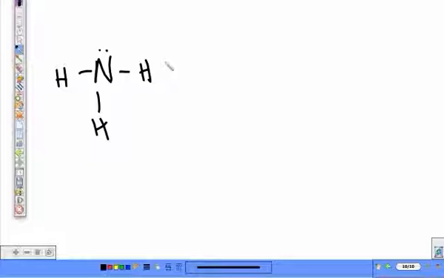Polar covalent, okay. And which one's more negative? Okay, so we would draw arrows towards the nitrogen. And since our bond angles are that 109.5, we leave them like this. And do we have an overall polarity?